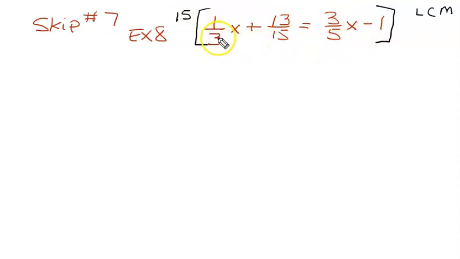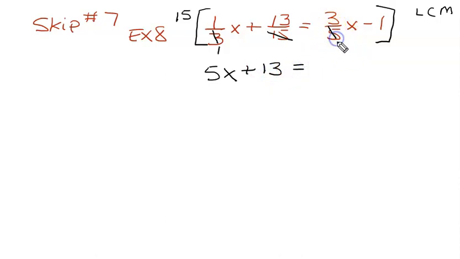So let's do that. So 3 goes into 3 once, 3 goes into 15 5 times, so 5 times 1x is 5x. Now 15 goes into 15 once, so this just becomes 13.